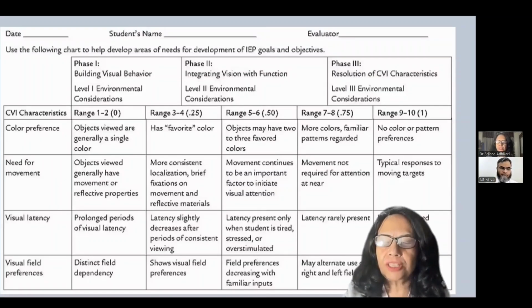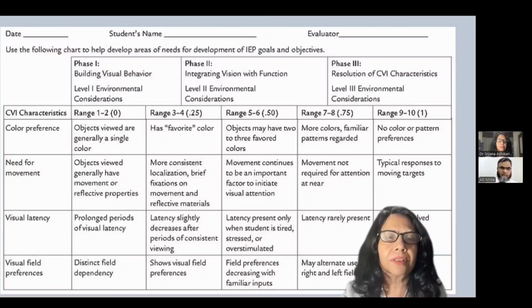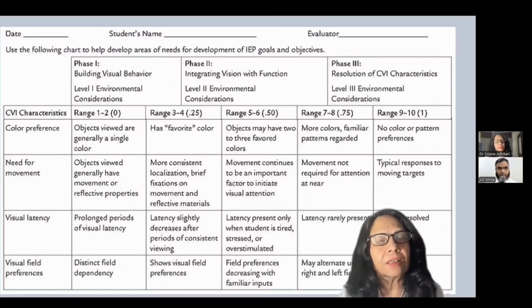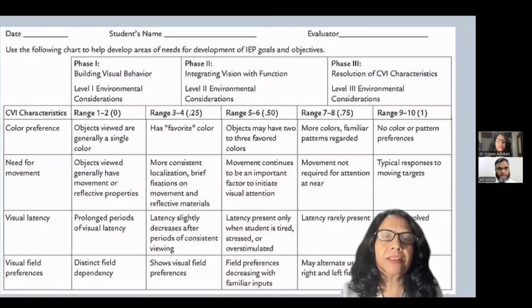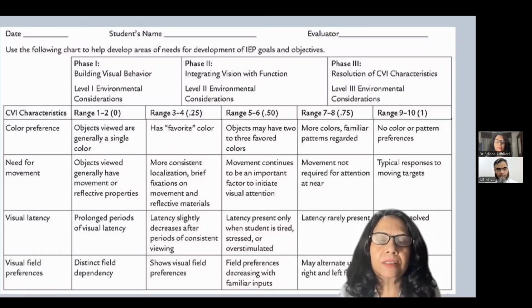This chart shows the individual education goals or objectives for any child with CVI. According to the points that we examine, we can categorize the child in phase 1, phase 2, or phase 3, and customize the rehabilitation program accordingly.